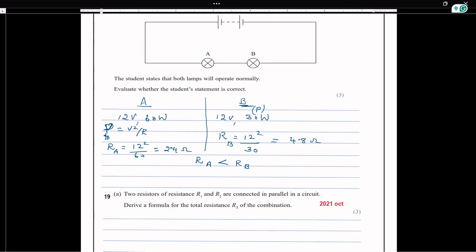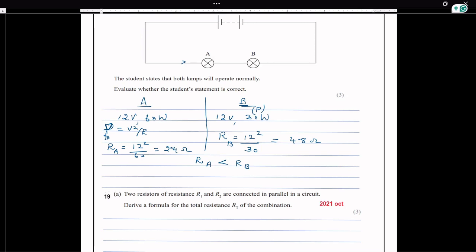So here you can see that it is a series connection and the voltage is shared. Voltage is shared according to their resistance value. It is not equally shared.